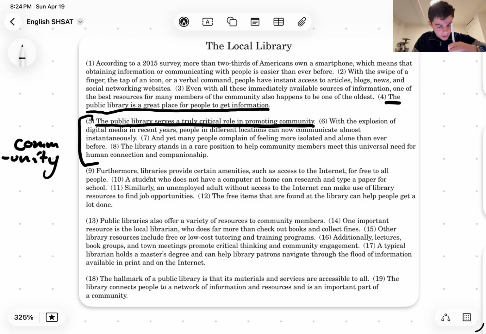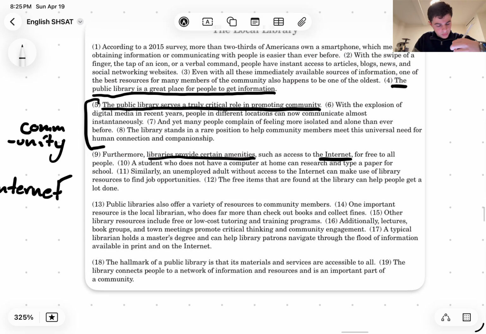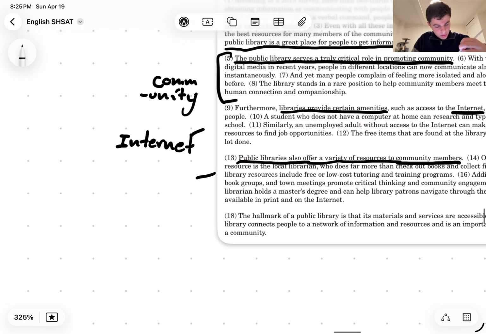Now, here we're going to see libraries provide certain amenities. So we're going to understand that this is about access to the internet, right? And now we know that public libraries also offer a variety of resources to community members. So this is providing resources.